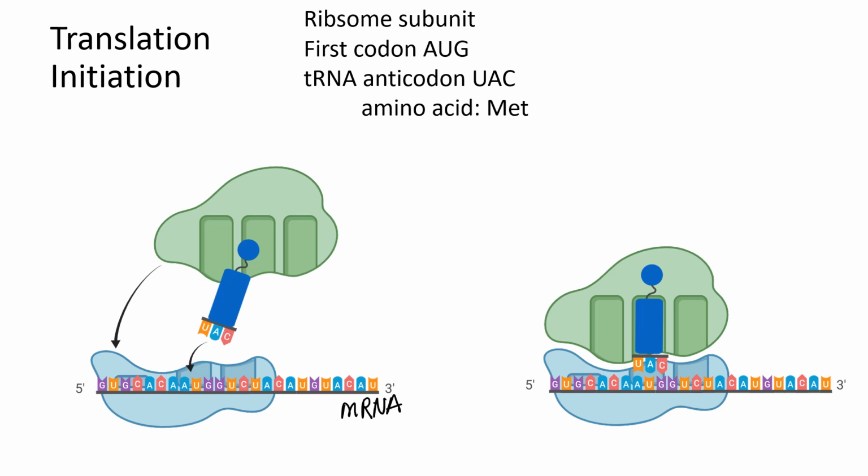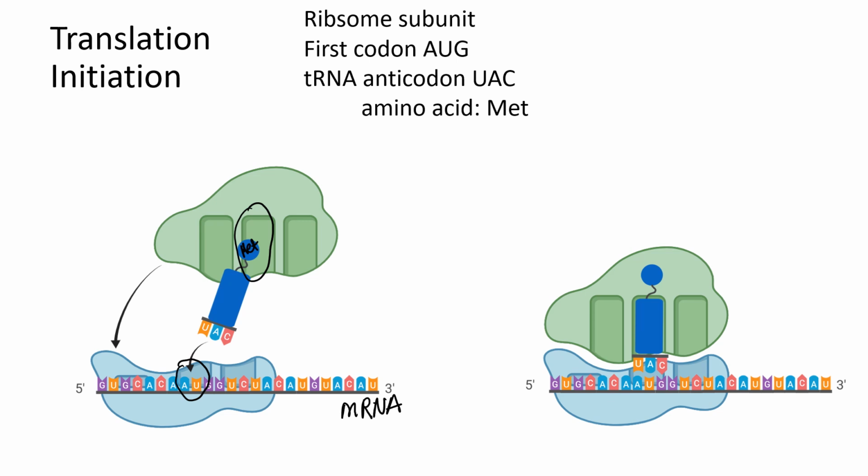The small ribosomal subunit finds the codon AUG, and it makes sure that that codon is locked into that middle bay of the large ribosomal subunit. The large ribosomal subunit also finds a tRNA that has methionine, MET, attached to it as an amino acid.